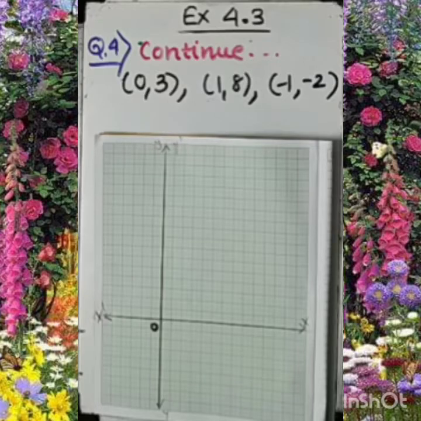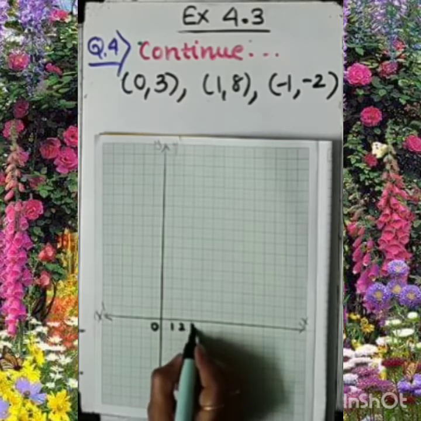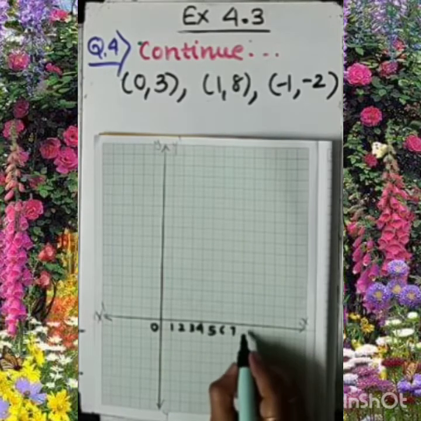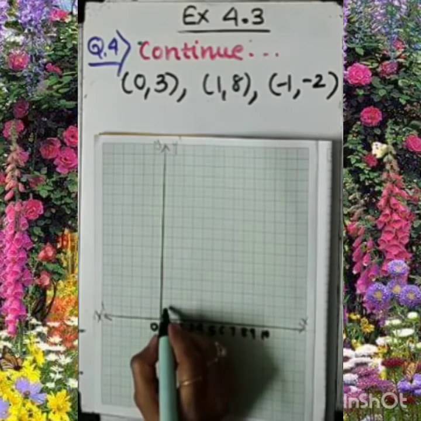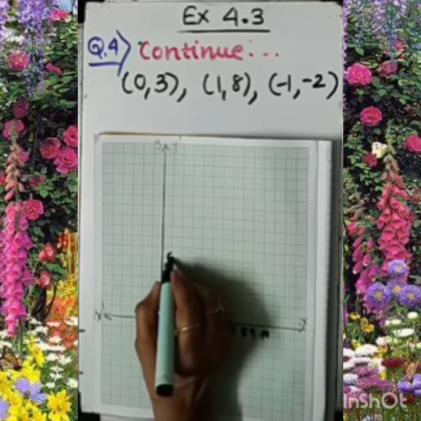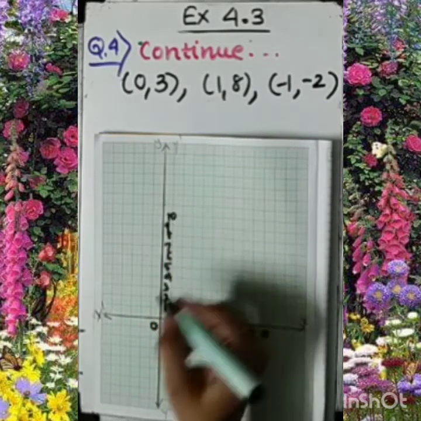Now the point where the axes intersect each other, that is the origin. We call it origin. Now leaving one unit, we need to mention here 1, 2, 3, 4, 5, 6, 7, 8, 9, 10 and so on. This side it will be also positive 1, 2, 3, 4, 5, 6, 7, 8, 9, 10 and so on. Okay.